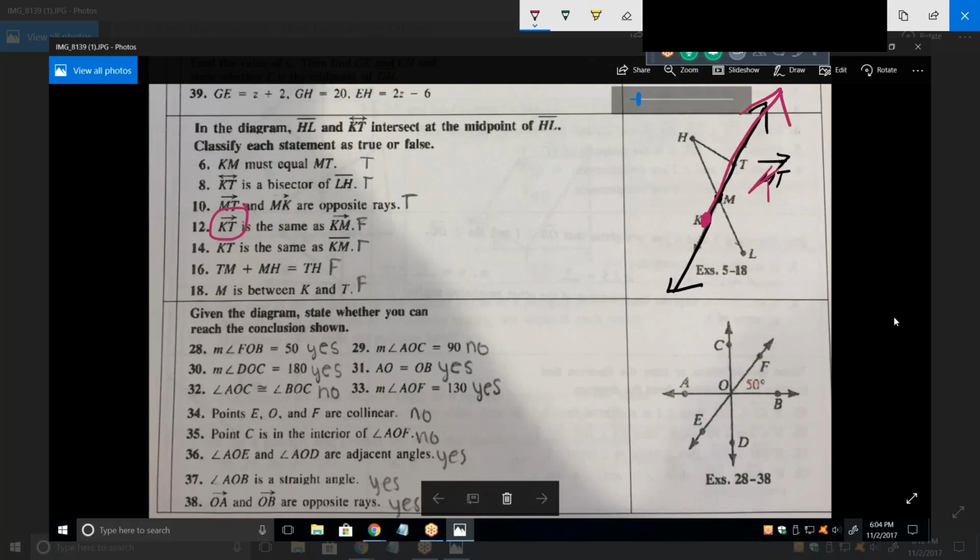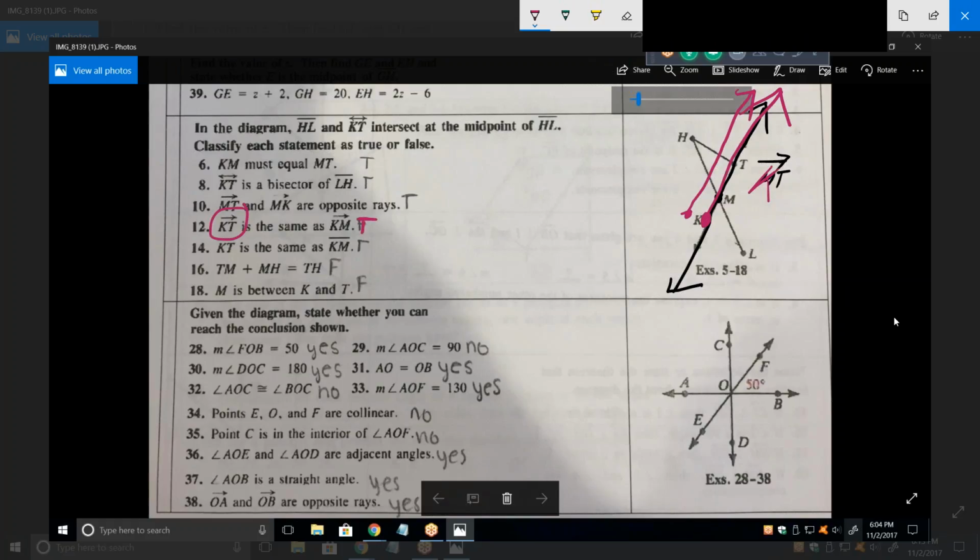Right. And KM, the ray KM, starts at K, goes towards M, and goes on forever. So those are equal. The other one is definitely not opposite. Well, 10 is true, but 12 is true also.